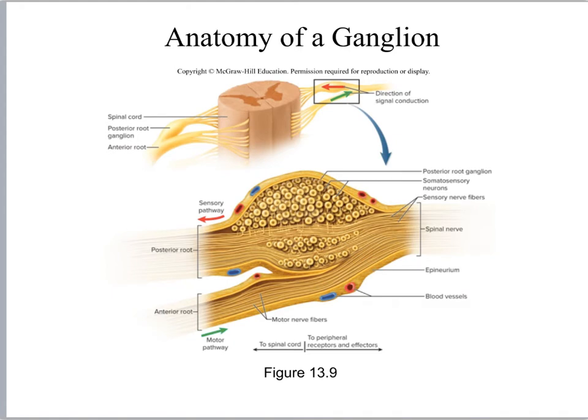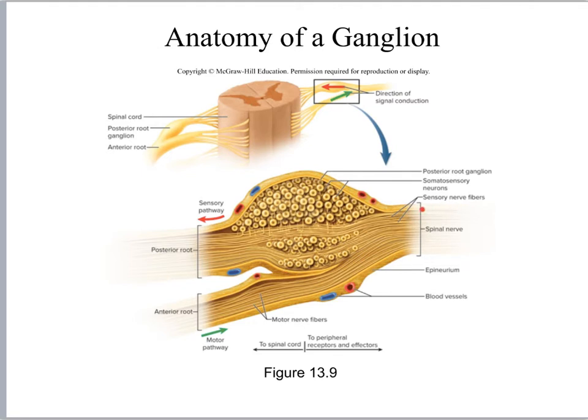All right, so here we are with our ganglion. Here is your spinal nerve splitting into the dorsal root and the ventral root. Here is the dorsal root ganglion. And what we're going to do is take this and blow it up so that this is the dorsal root, this is the anterior root, and you can see the swelling of the dorsal root ganglion right there.